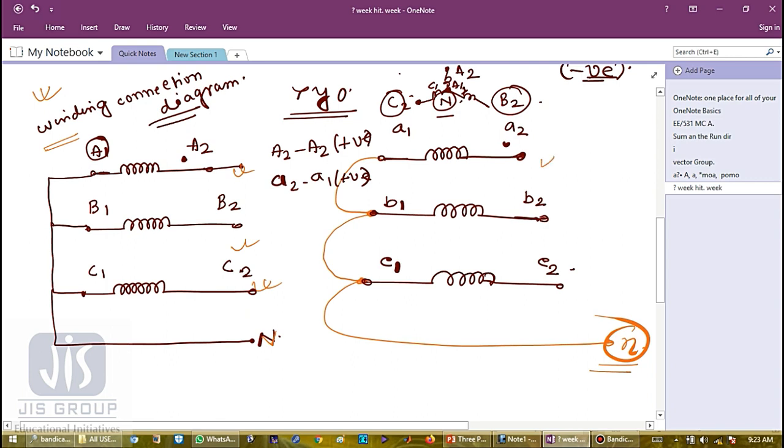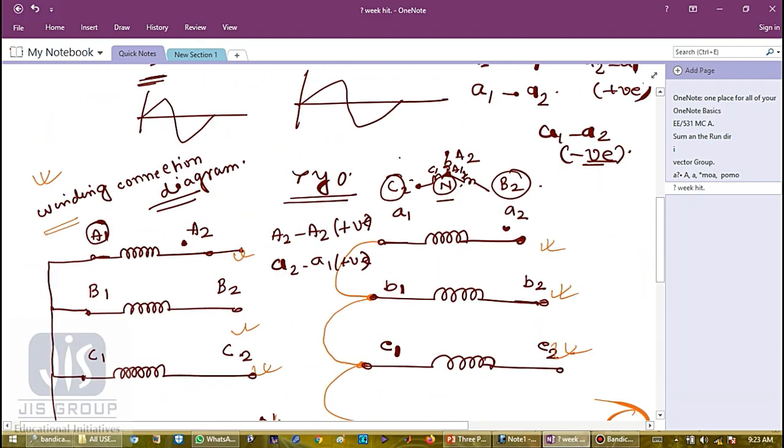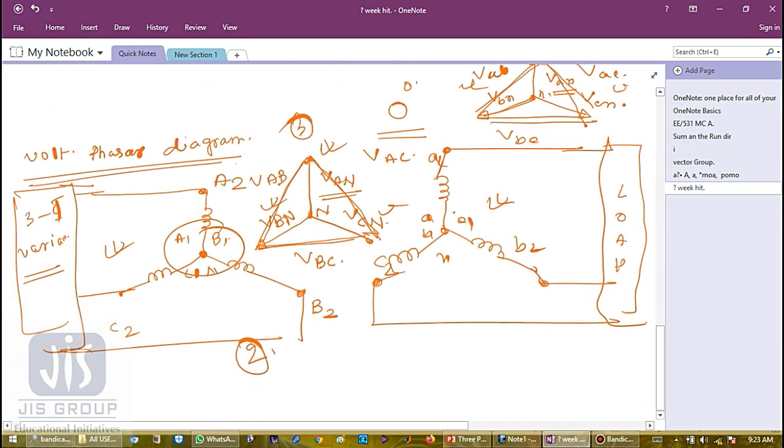This is my secondary load terminal. So this is the winding connection diagram, this is figure 2, this is figure 3, and this is my figure 1. So: winding connection diagram and voltage phasor diagram.